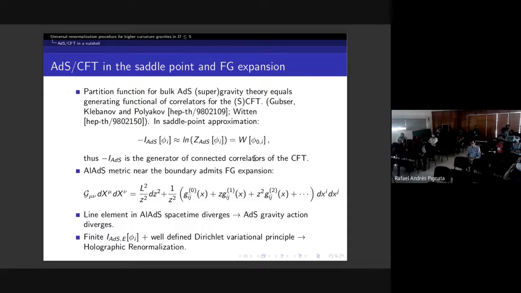And then the boundary metric you can expand as a power series in this radial coordinate, such that near the z going to 0 boundary, the leading term, the one that sources the boundary theory, is this G naught. This is the leading order term in the expansion of the boundary metric in terms of the holographic coordinate. This is what's interpreted as the source of the energy momentum tensor.